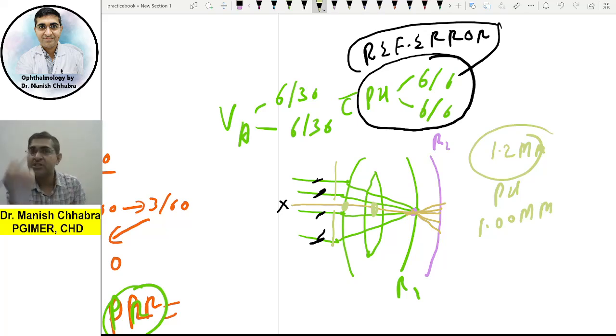Why? Because now the central light ray is coming, and due to presence of pinhole, it has to pass through the center of the cornea, center of the lens, which is opaque or which is having some obstruction in the form of an opacity, as a result of which it is not going to strike the center of the retina, which will cause loss of vision. So that is the relevance of pinhole.